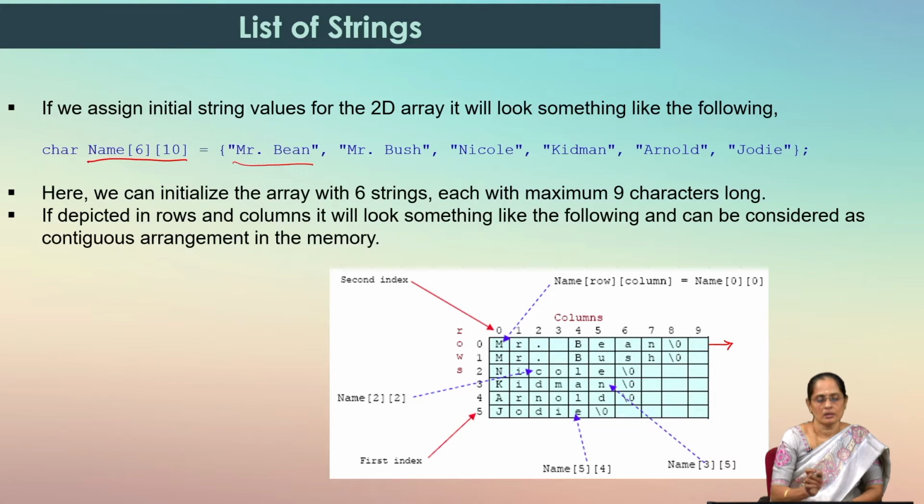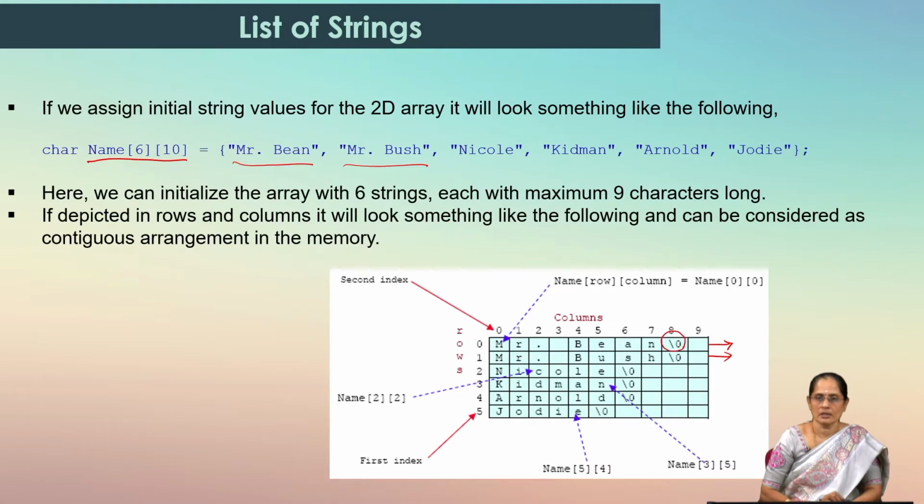Then the second name is Mr. Bush. We can make it the second row storage. In the first row we can see a null character, which means the string is ending with that character.